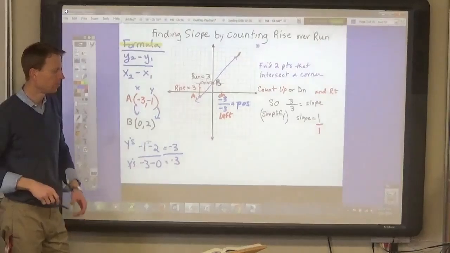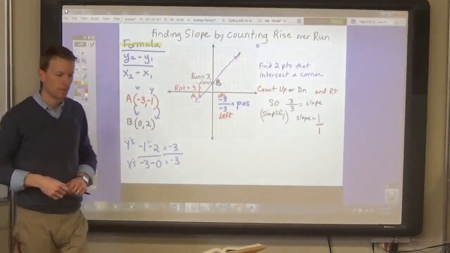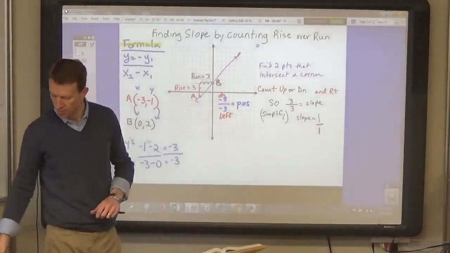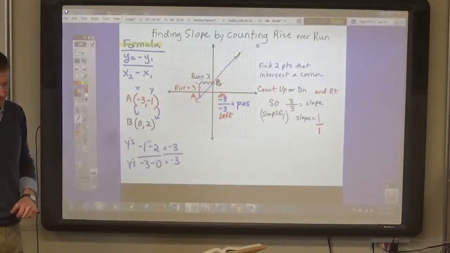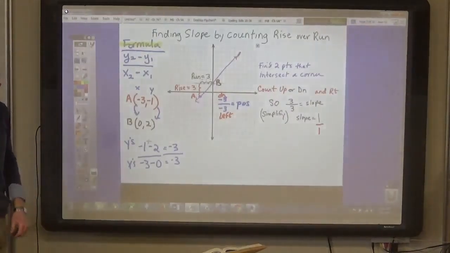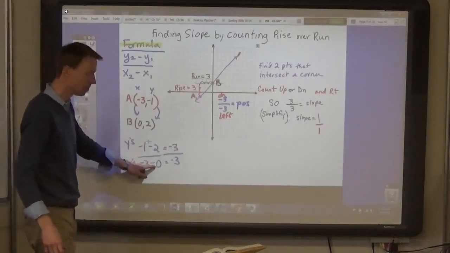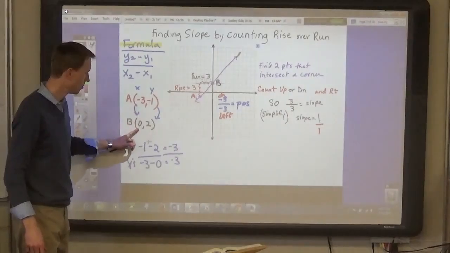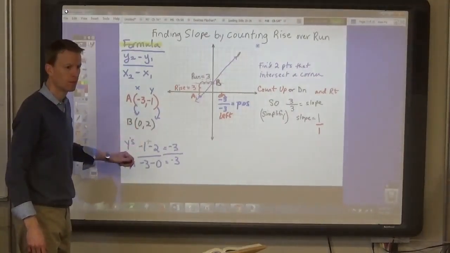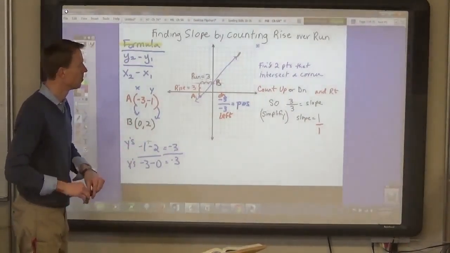Yes? Can you go back to the other page, with A to B and the horizontal line? No, go back just one page. Okay, yeah.